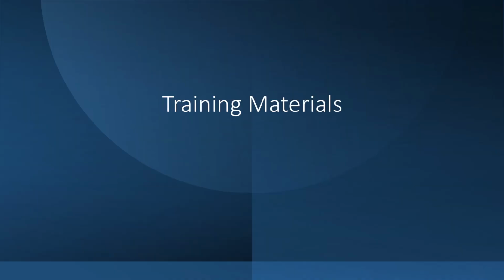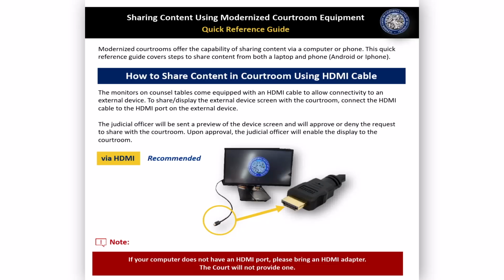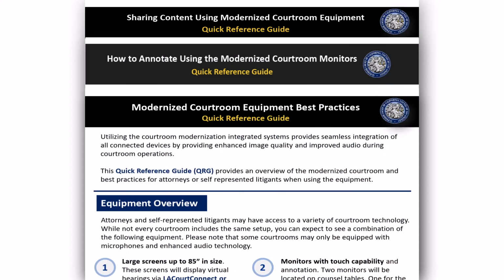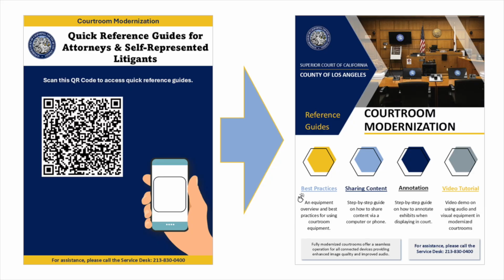Now, we will show you how to access additional materials. If you would like to access additional training materials, such as the following quick reference guides: sharing content using modernized courtroom equipment, how to annotate using the modernized courtroom monitors, or modernized courtroom equipment best practices, please scan the QR code on the screen to go directly to the Documents menu.